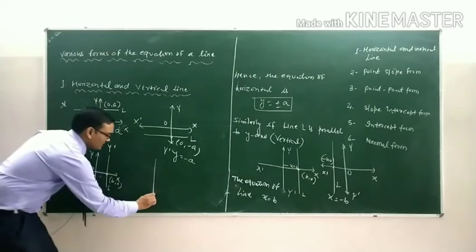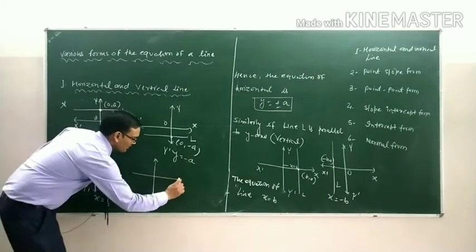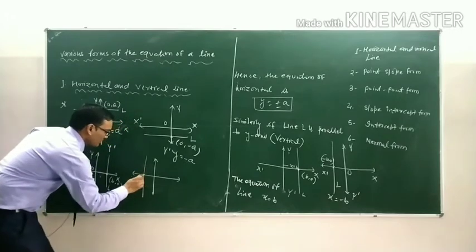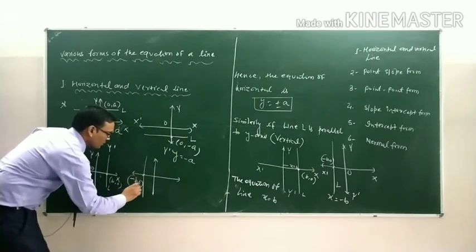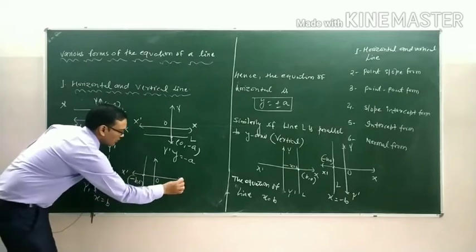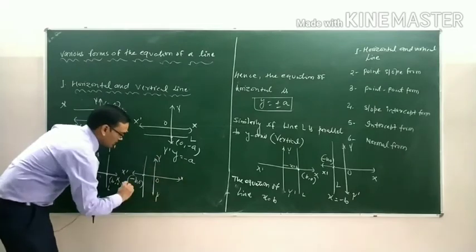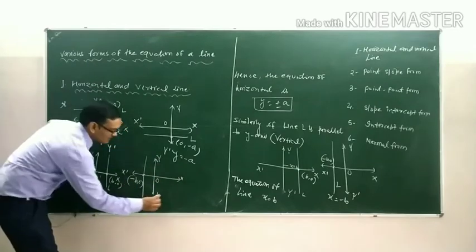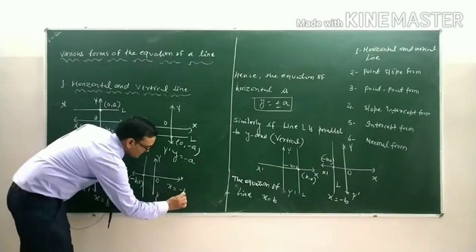And if the line is a vertical line and passes through (minus b, 0), then the equation of this line is x equal to minus b.